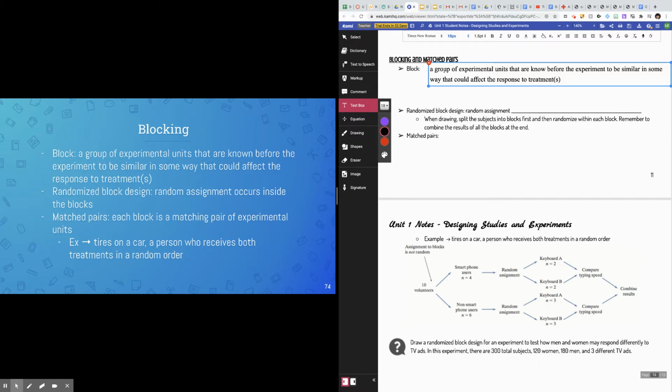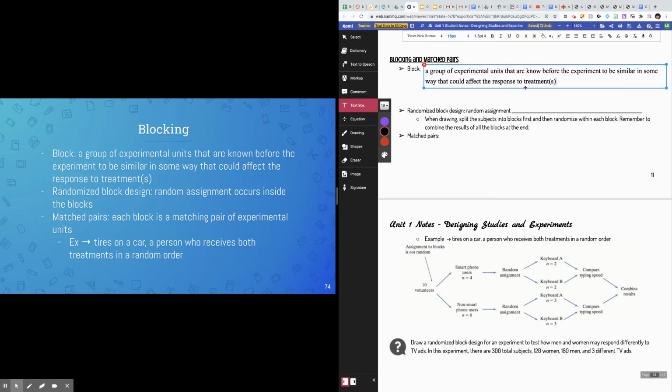Because blocks are made up of groups of people that have something in common, they're similar to strata, like in stratified random sampling. But strata and stratified random sampling only happen in observational studies. Blocking is what we do in experiments.